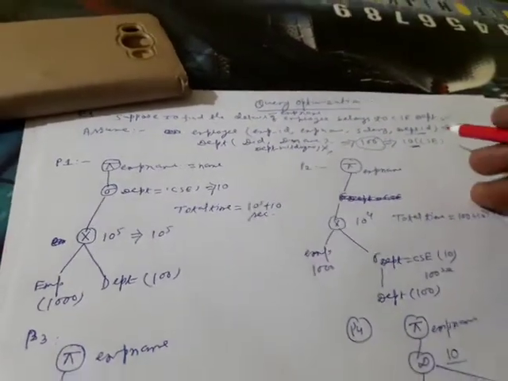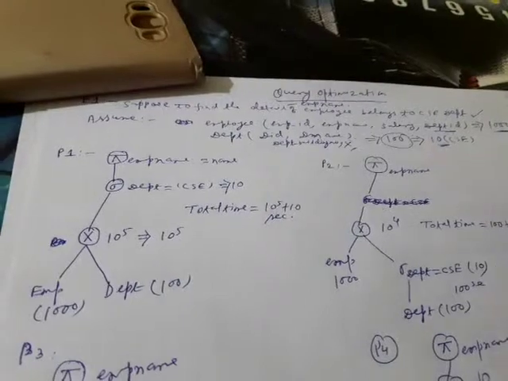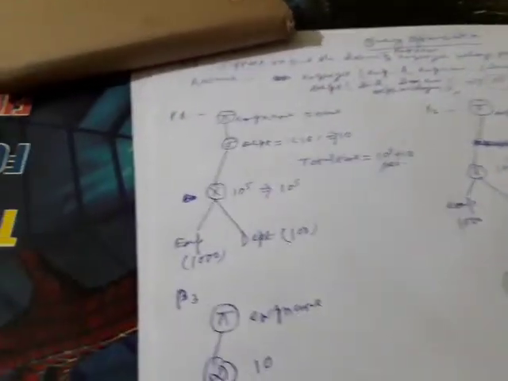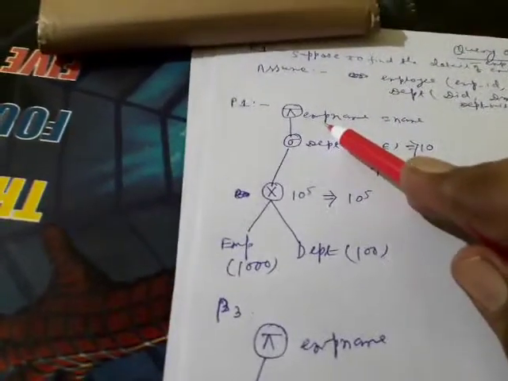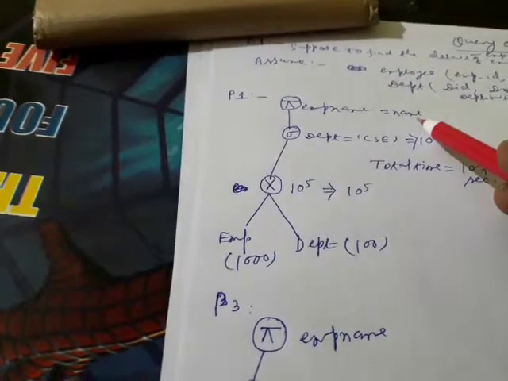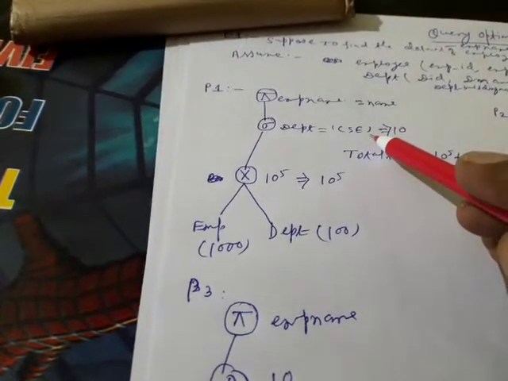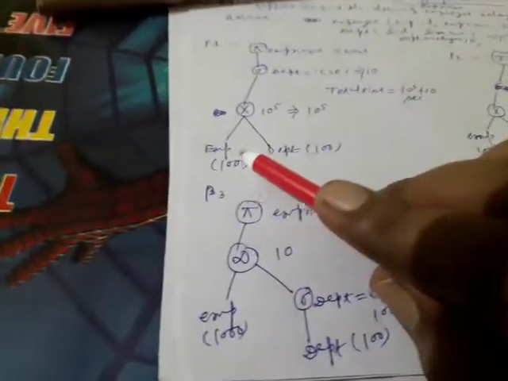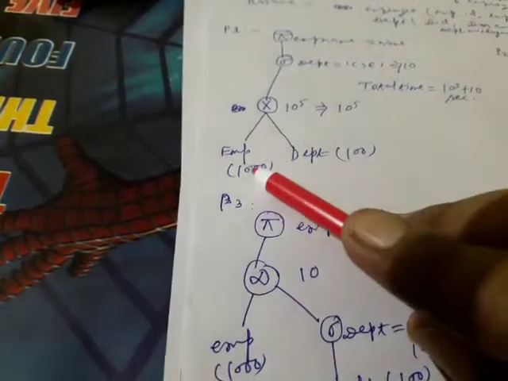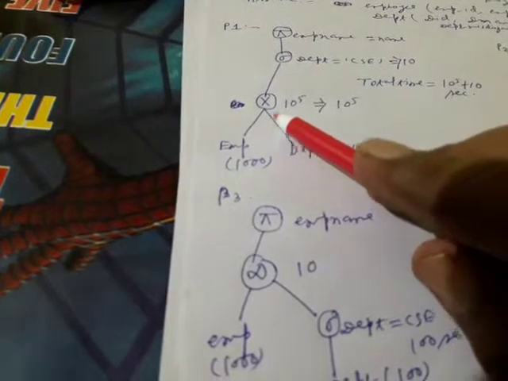Now if I want to perform this, what is the technique here? We can write the employee name, where department equals CSE, because based on that we have to find the value. And suppose these are the two tables. Between these tables we have to perform the Cartesian product.